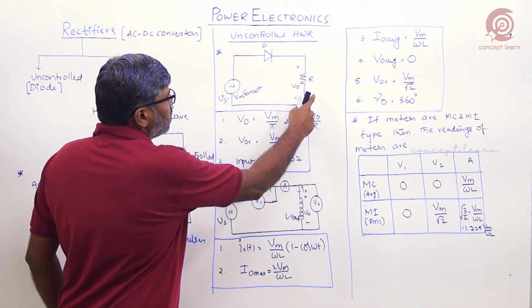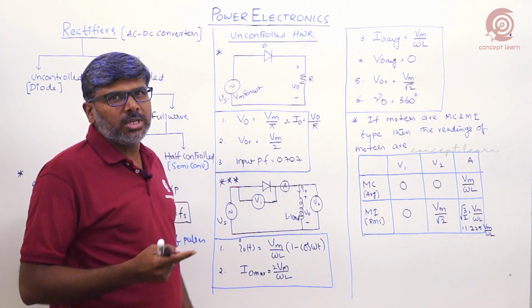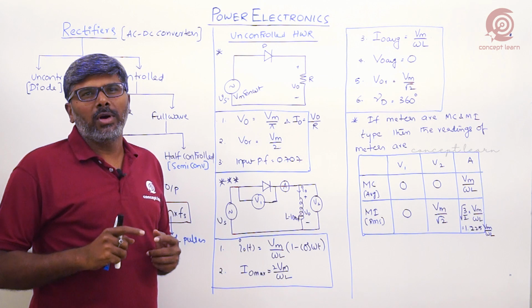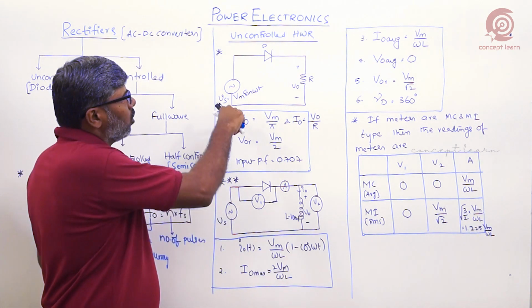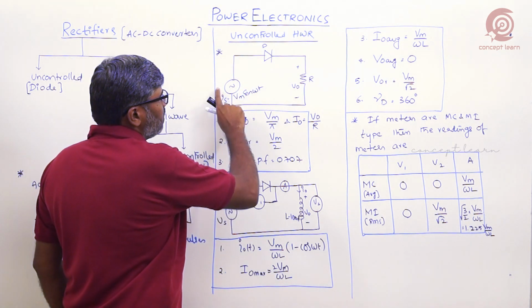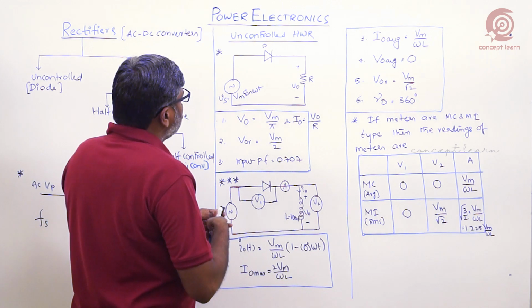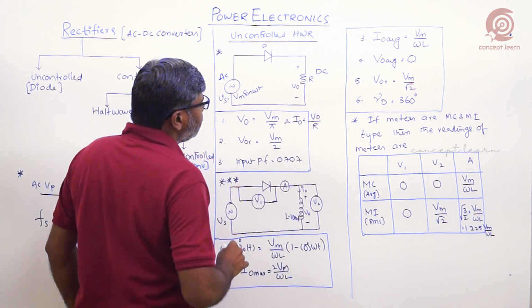Supply voltage, here load, this is the diode. Only single. Half wave means what? It requires only one device, whether it is a controlled device or uncontrolled device. Here we are talking about uncontrolled, so that is why we are taking diode, which converts AC power to DC power. Here the input is AC, output is DC.